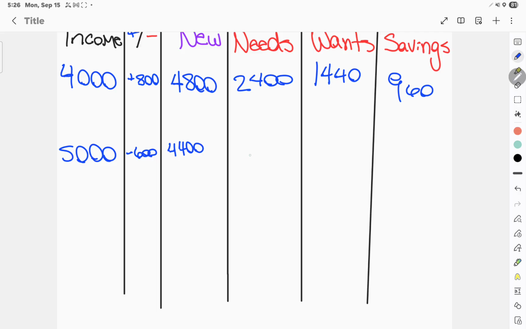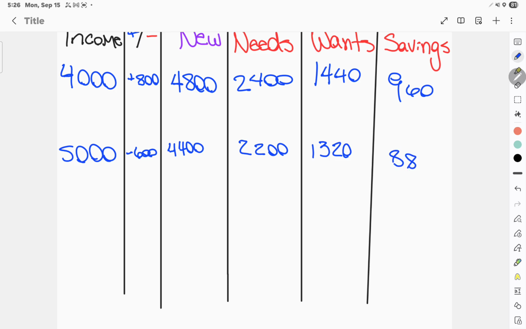Multiply that by 0.5, we get 2,200. Then we can also multiply it by 0.3, 1,320. And then we can also multiply it by 0.2, 880.